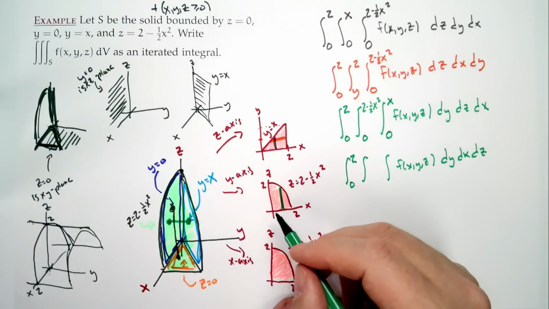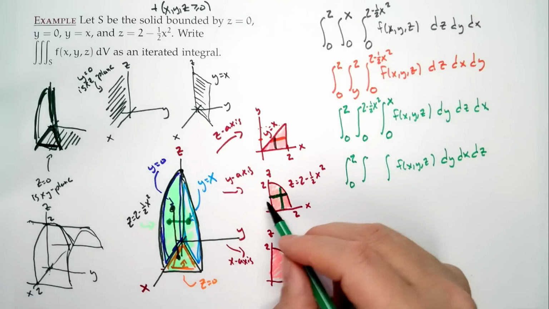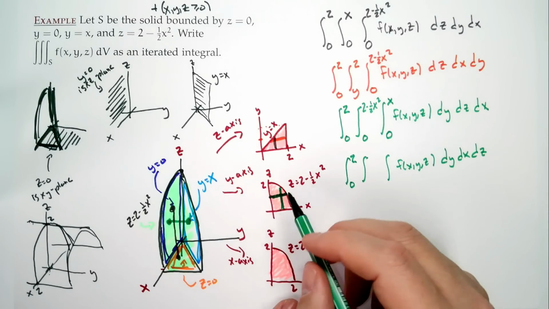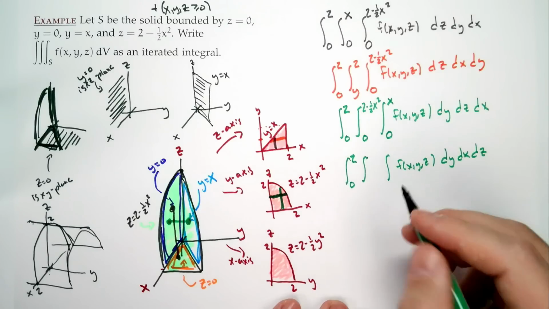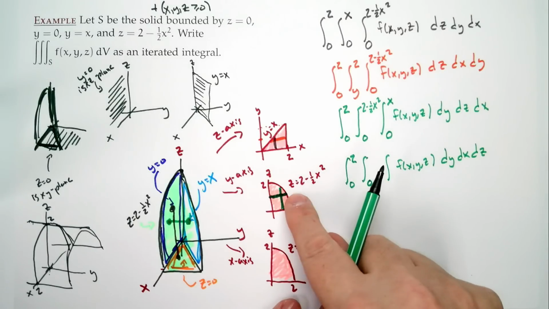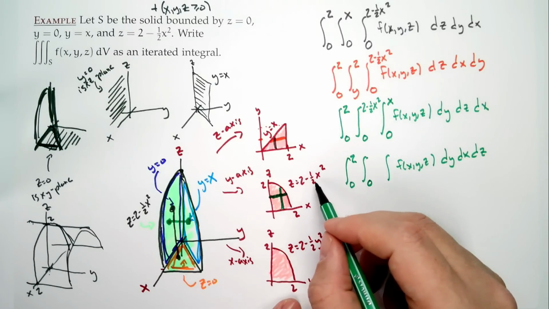Now we say, okay, we fixed the value of z. So now we're going that way. Well, we go from x equals 0 to this line. What is that? We need to solve for x.